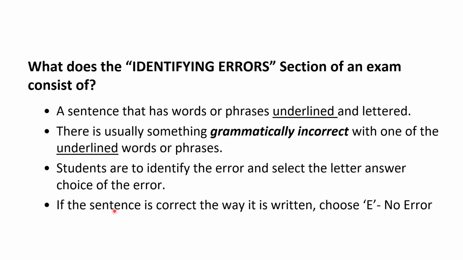The task of students or the examinees is to identify the error and select the letter answer choice of the error. If the sentence has no errors, then the option is letter E, which is for option no error.